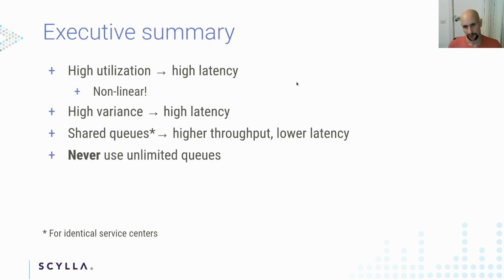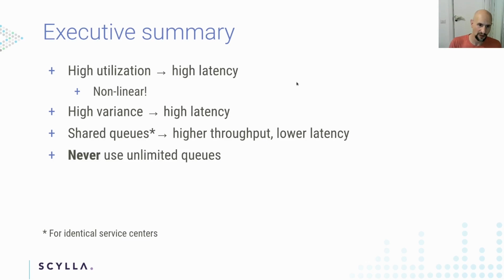So try to have low variance. And shared queues are going to have higher throughput and lower latency, which is why we usually have one checkout line in supermarkets. And of course, I'm talking about identical service centers. I'm going to touch this in a bit.